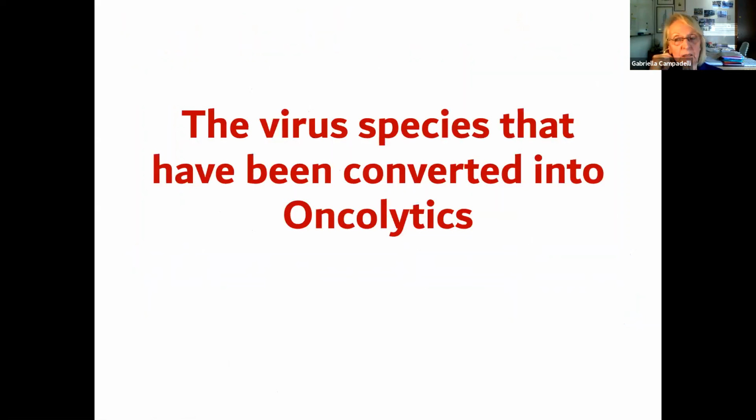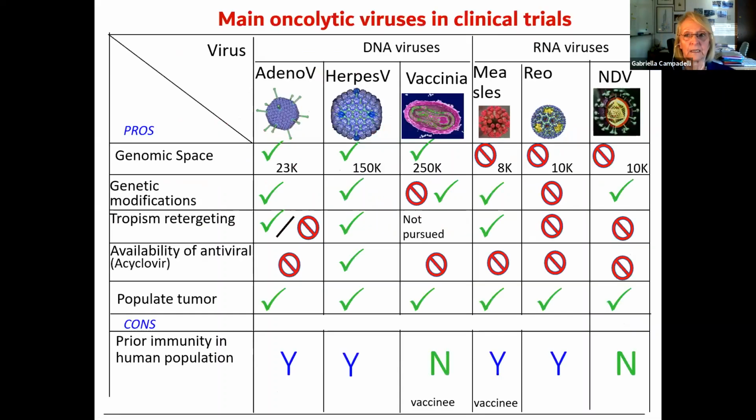So let's look now at what viral species have been converted into oncolytics. This is a rather busy slide, but I will go through it. Oncolytic viruses were derived both from DNA viruses, the viruses whose genome is a molecule of DNA, or RNA viruses, the viruses whose mini chromosome is an RNA molecule.